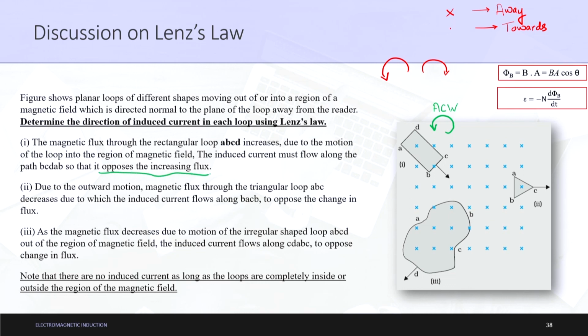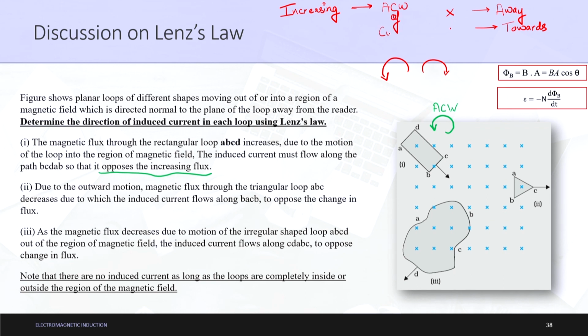I will write it here again so that everything is covered. If the flux is increasing, then in this case there will be an anti-clockwise direction of current.